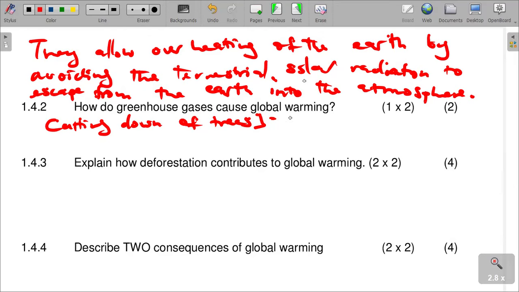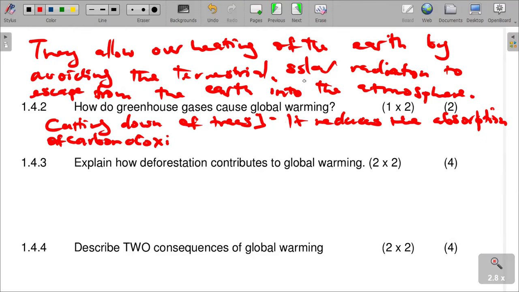Carbon dioxide: it reduces the absorption of carbon dioxide by the trees. So we have an accumulation of gases in the atmosphere.